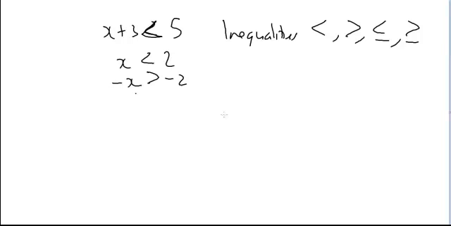And you can have multiple inequalities where you'll end up with an answer where x is greater than 1 less than 3, or greater than 1 less than or equal to 3. But basically, as I said, treat them like an equal sign, except they flip direction when multiplied by a negative number.